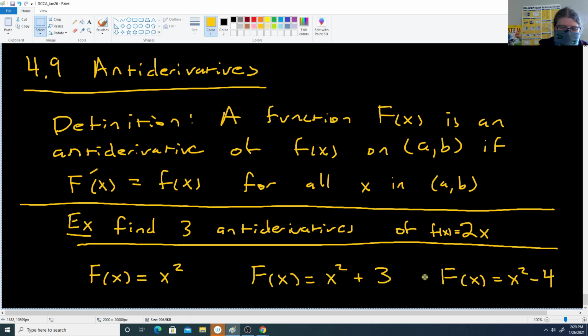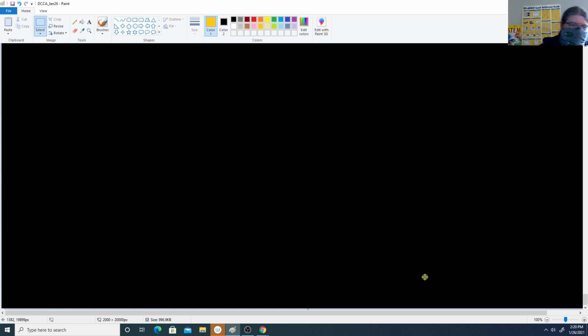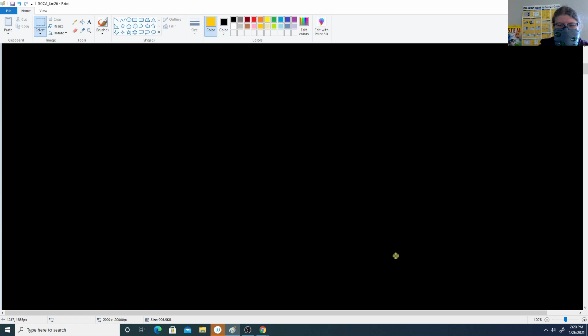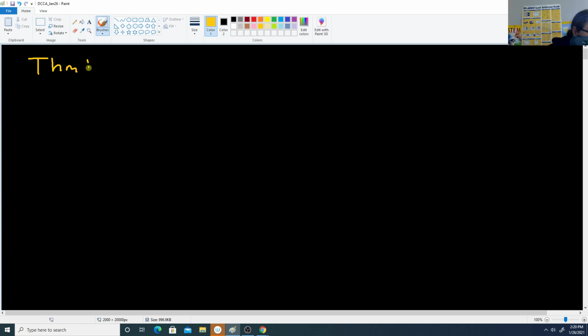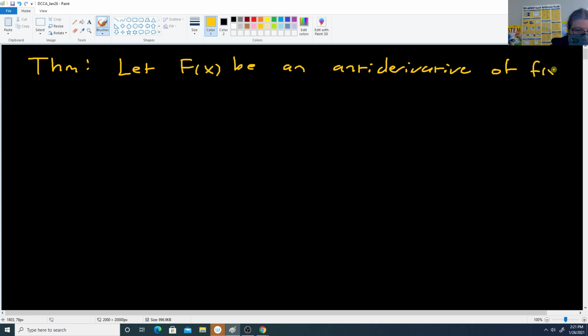So we're going to use that in our next bit when we go through to define the next thing, which is going to be a theorem about an antiderivative. It's going to use that idea. So we're going to let F of x be an antiderivative of f of x on interval a to b.